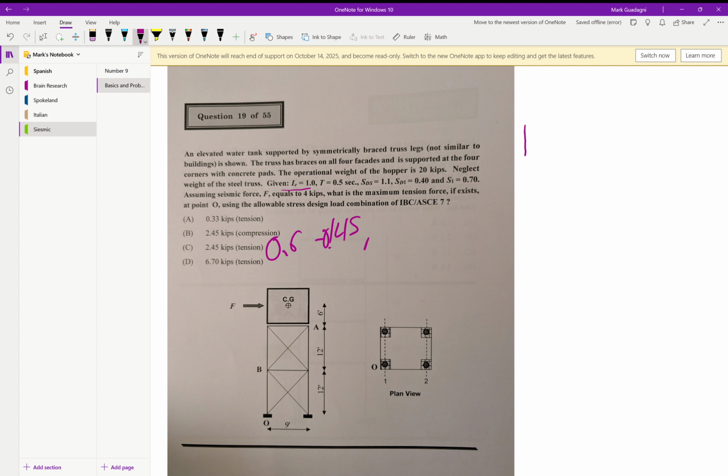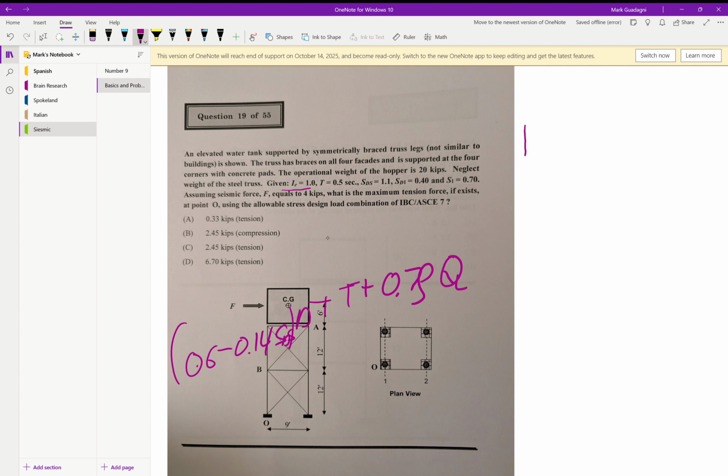So it's 0.6 minus 0.14 SDS times your dead load, which they give us in the problem, plus F, plus 0.7 rho, which is the redundancy factor.